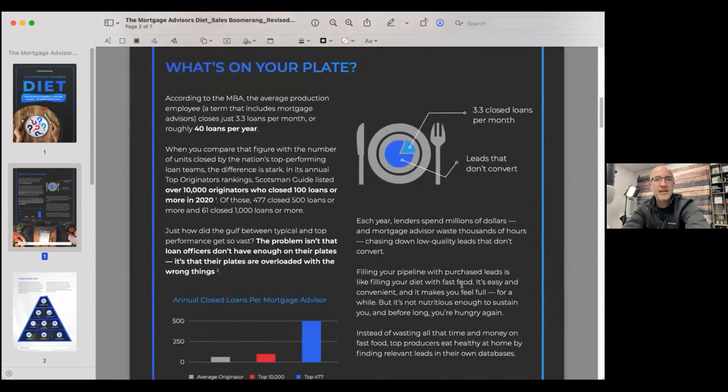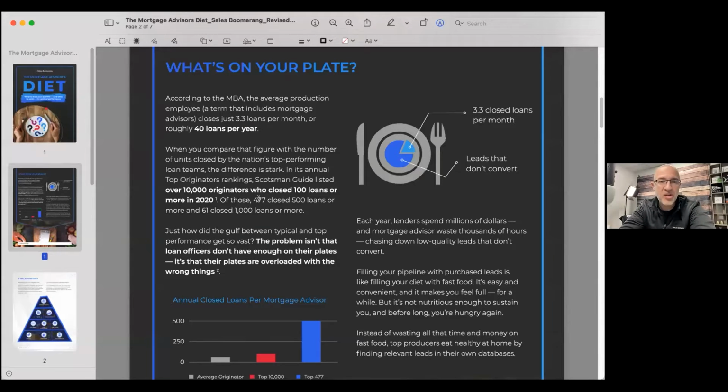Something really interesting that I saw in here right off the bat was this stark difference between your typical average loan officer, right, that closes, and this is according to MBA, 3.3 loans in a month, roughly 40 loans a year, and then the Scotsman Guide, who discovered 10,000 originators who closed 100 loans or more in 2020.